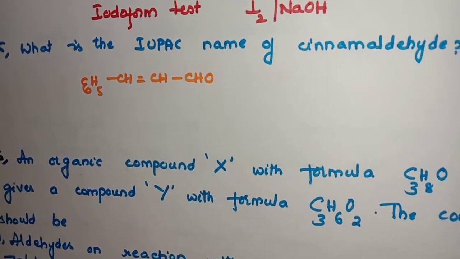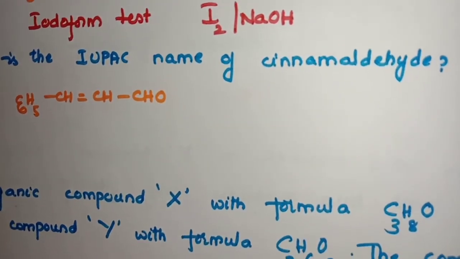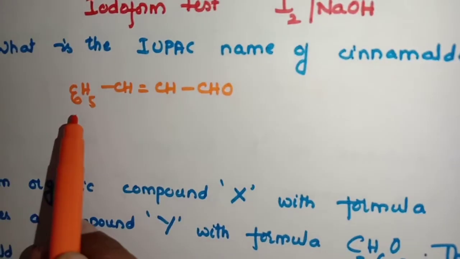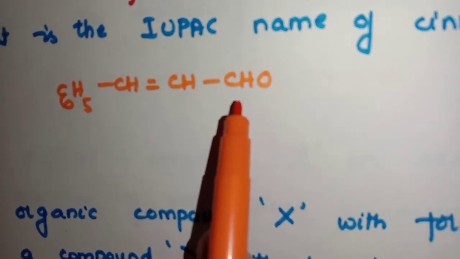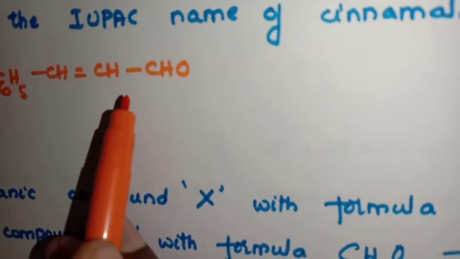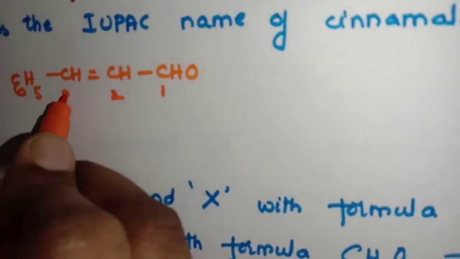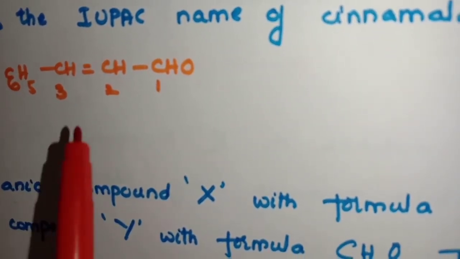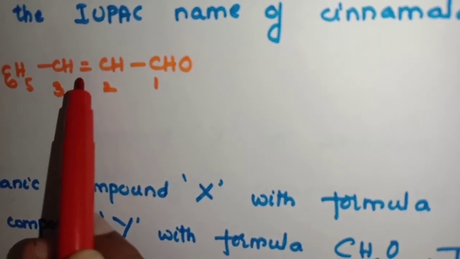Next question. What is the IUPAC name of cinnamaldehyde? Cinnamaldehyde is C6H5 CH double bond CH CHO. We will number the carbons: this is the first carbon, second carbon and third carbon. The third carbon has a phenyl group and at the second carbon there is unsaturation, that is a double bond.